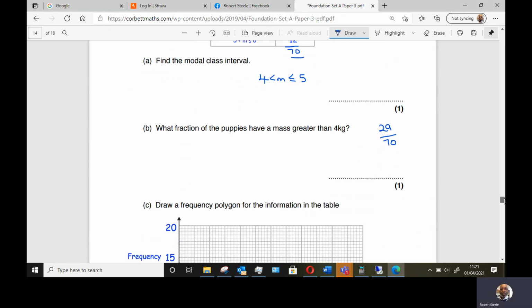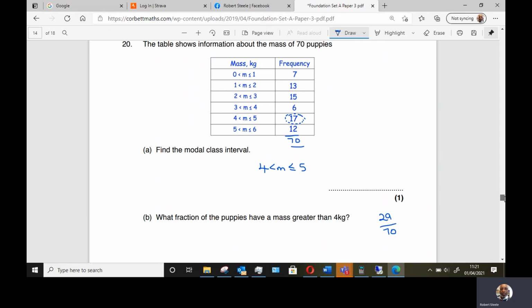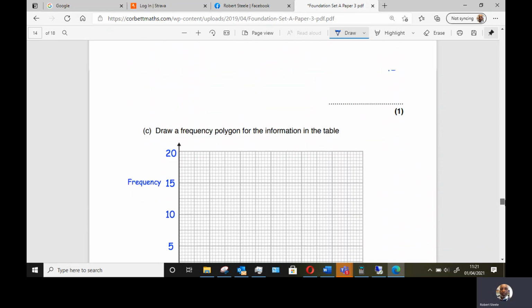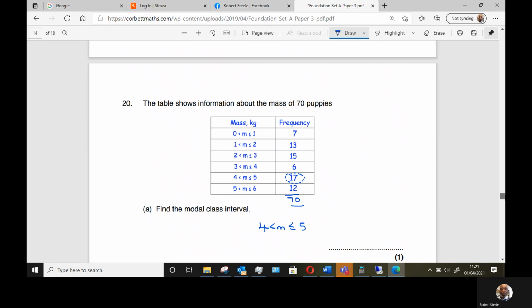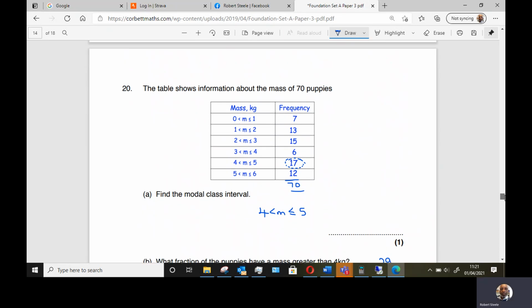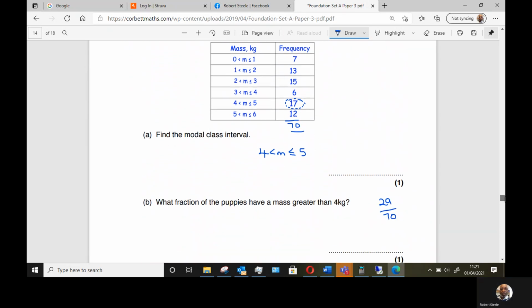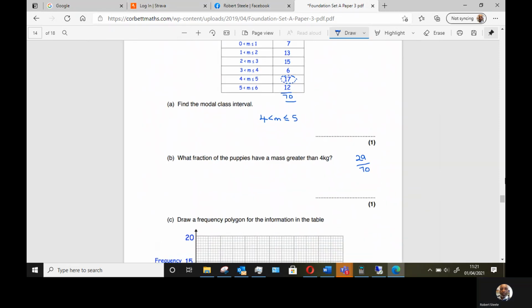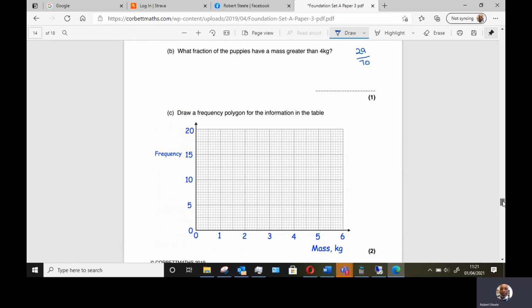Okay, when you draw a frequency polygon, okay, so 0 to 1, frequency of 7. So that's here.